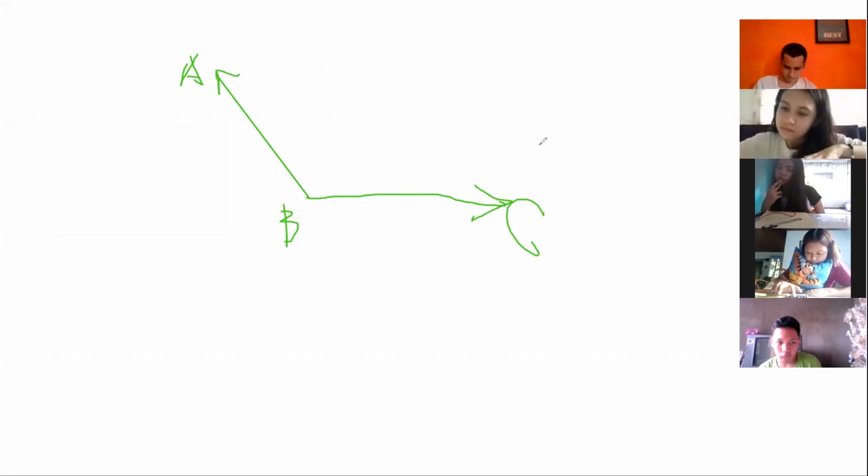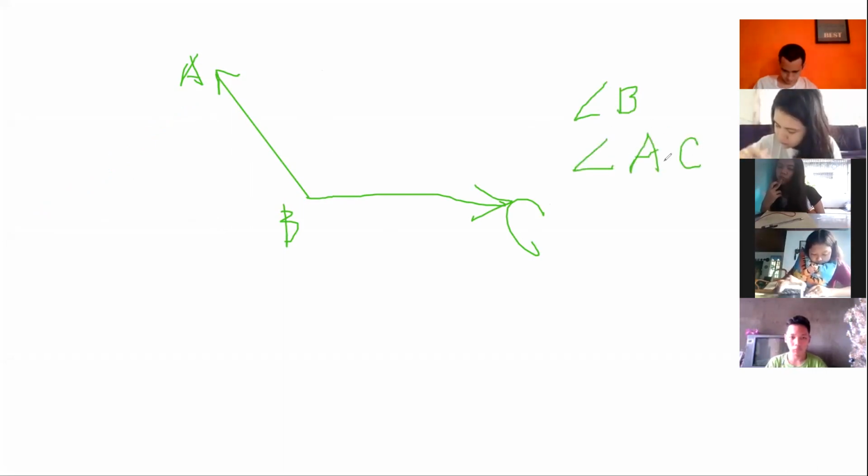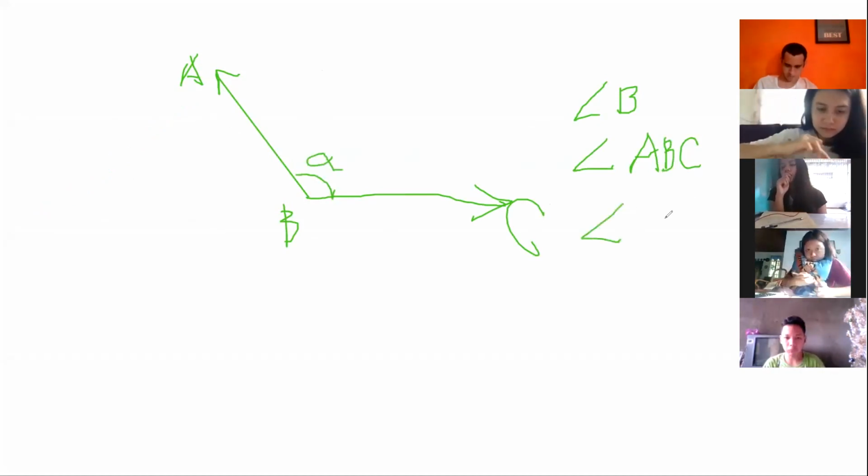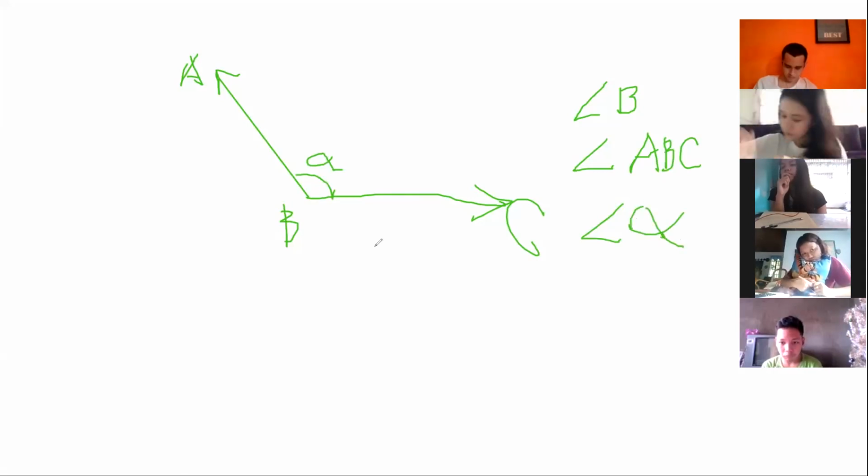So the way in naming this angle, it could be angle B. It could be named angle ABC. And if there is a value here, let's say alpha, it could be named angle alpha. So that's how we are going to name the angle, provided that in the 3-letter naming, your vertex is the middle letter.